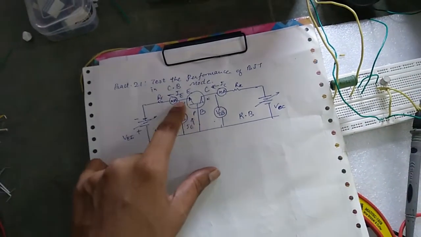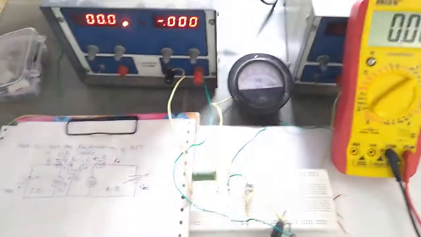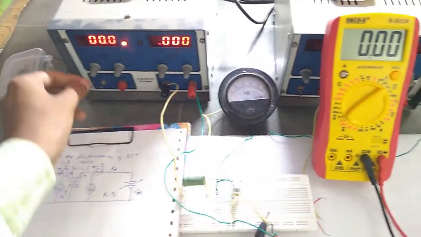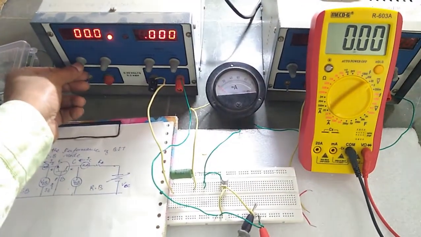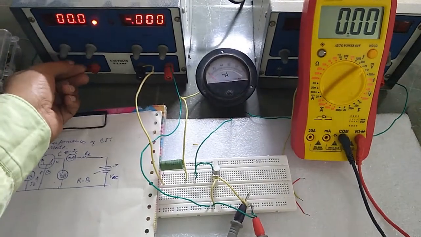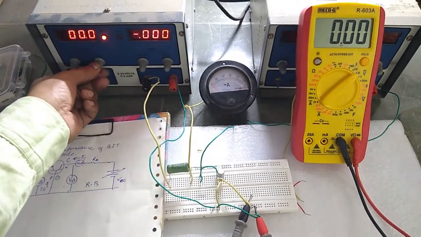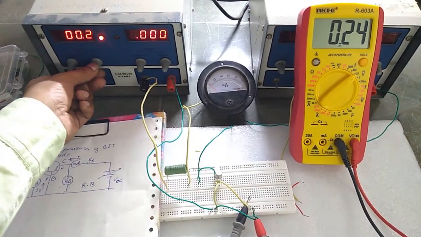So the input characteristic will be similar to that of your PN junction diode. Now let us increase the forward bias voltage in steps and measure the readings accordingly. Using the fine button of the DC regulated power supply, increase the voltage to 0.1 volt.